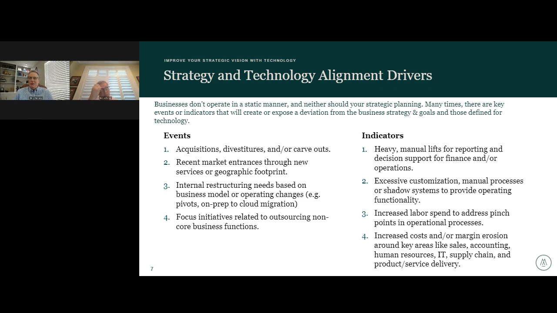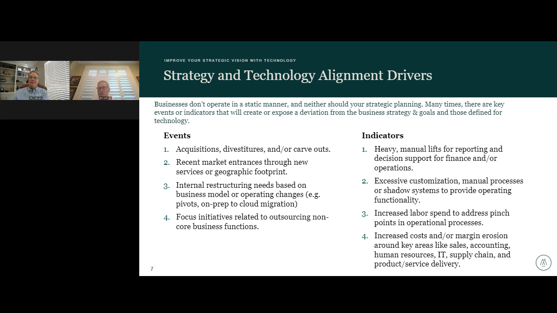Increased labor spend to address pinch points in operational processes. We see this a lot in the back office, particularly where we've got a disconnect between the transactional flow from the front office to the back office, and we've had to ramp up back office folks to address that. We typically see that because on the revenue side, you're not going to fall on your face in front of the customer. So you're going to do what it takes to deliver and perform for the customer.